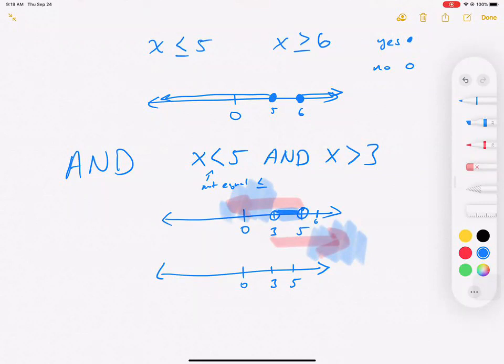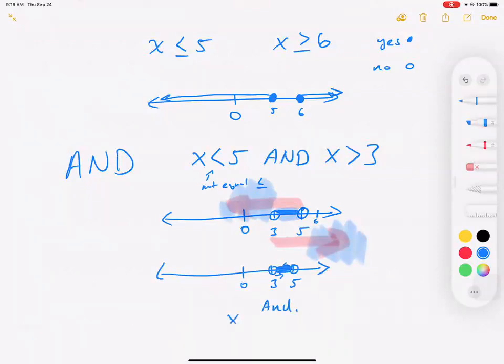Because they are not equal to, they are both hollow in this case. Another way is, instead of drawing these huge arrows, draw little tiny arrows just as we're reading this. x is less than 5. Do you see how we're going to the left there? And x is greater than 3 for my next one. Oh, look, they overlap right in the middle. And this is what we call an and statement.